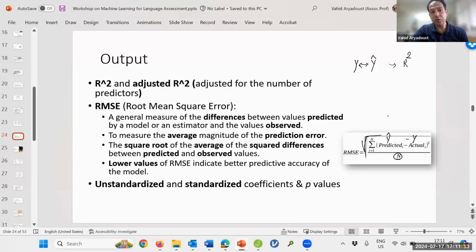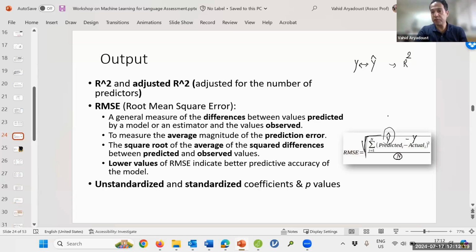Again, I would like to remind you of one of the first slides that I presented, where y hat was there. As you can see, the role of y hat is quite important. It's through understanding and computing y hat that we can determine how well our model is performing.